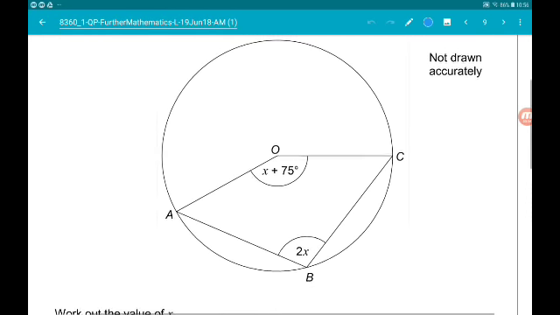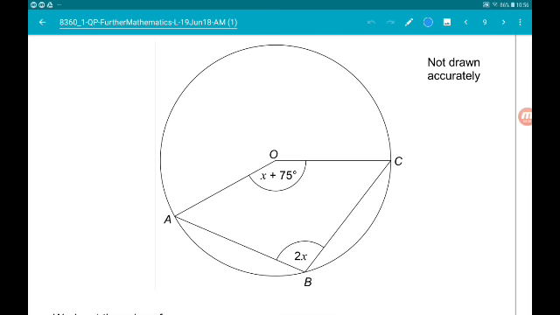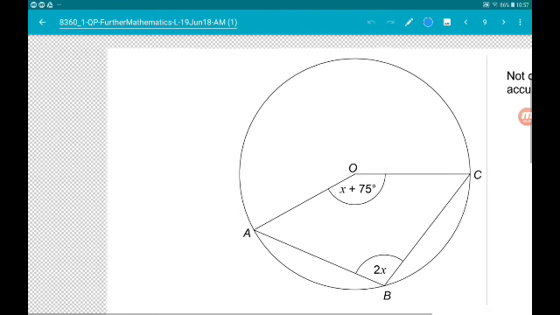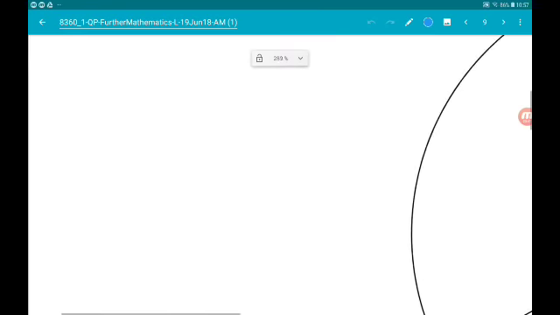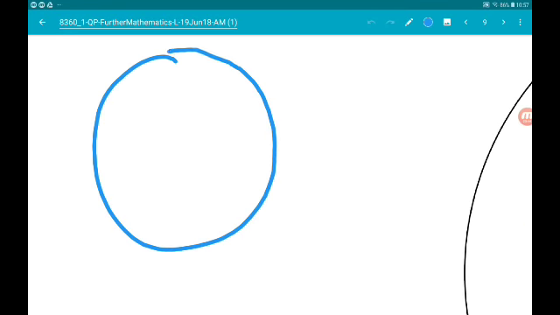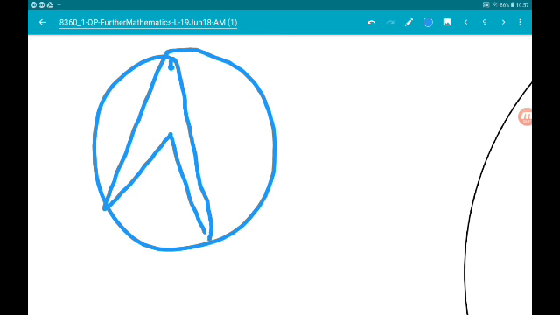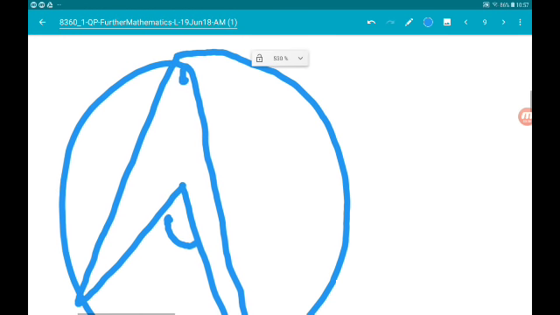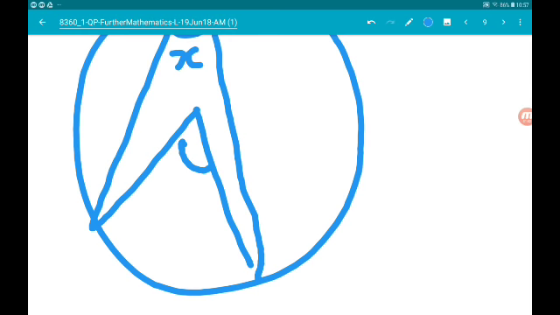So, not completely obvious what to do here. What we need to remember is we have a circle with an arrowhead type job going on, and then the angle at the centre is double the angle at the outside. So if that's x, then we get 2x down here.